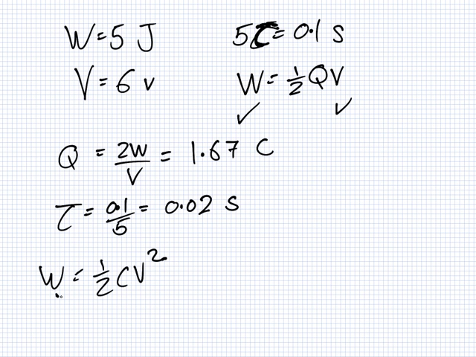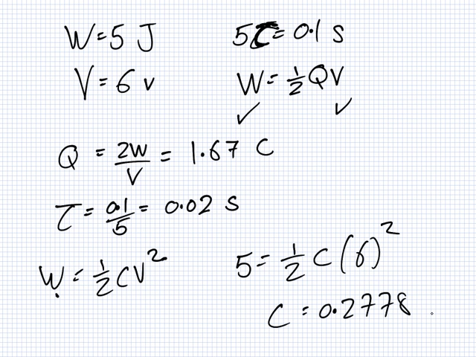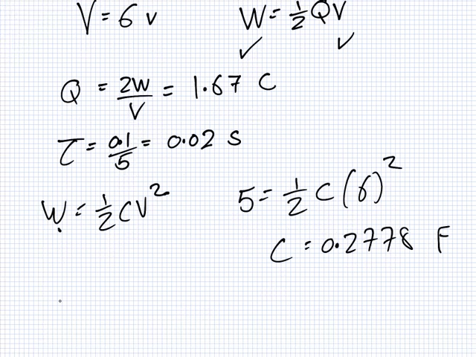I know the work, what is it? 5. I know the voltage, what is it? 6. So can I get the C here? Yeah, so C equals 5 times 2 divided by 36, 0.2778 farads. Right, now what can I use to get the R? I can use 5 time constants equal RC.